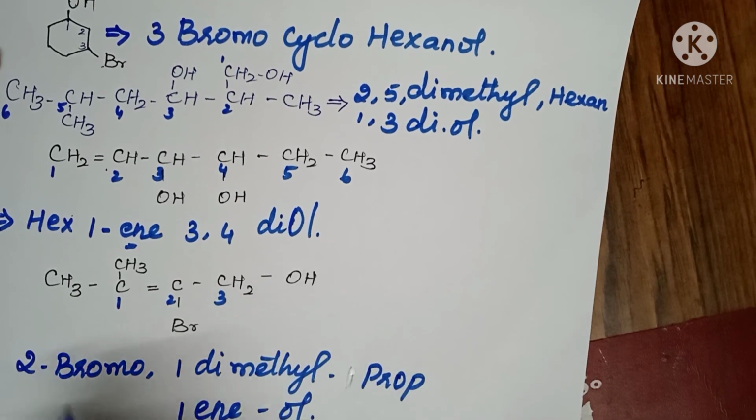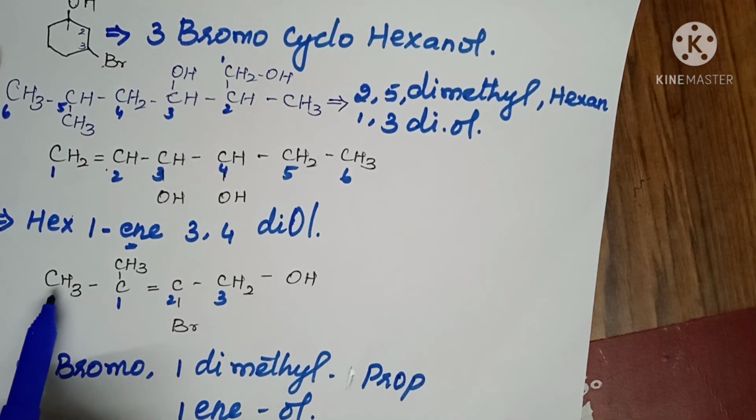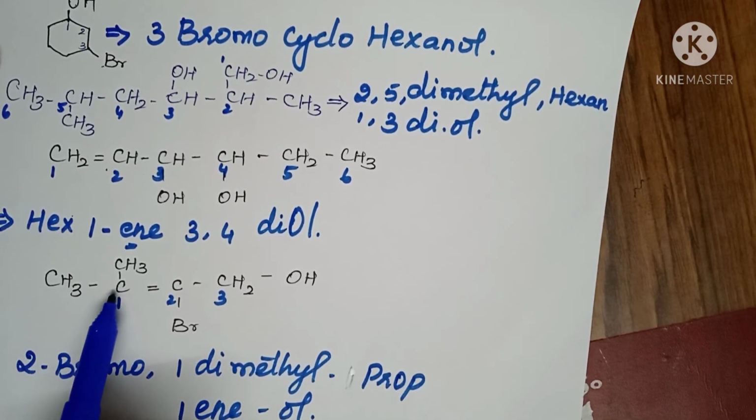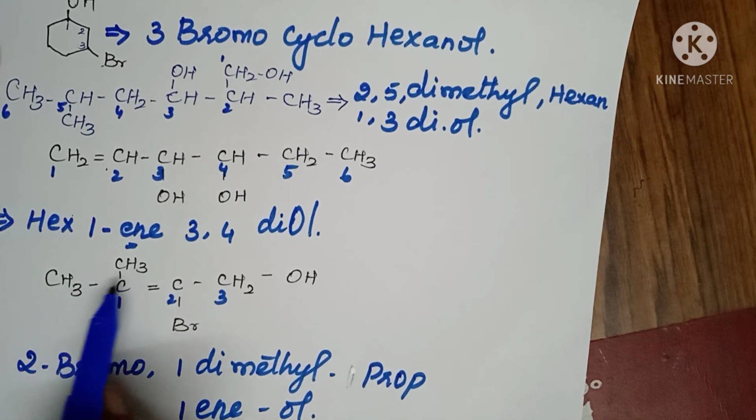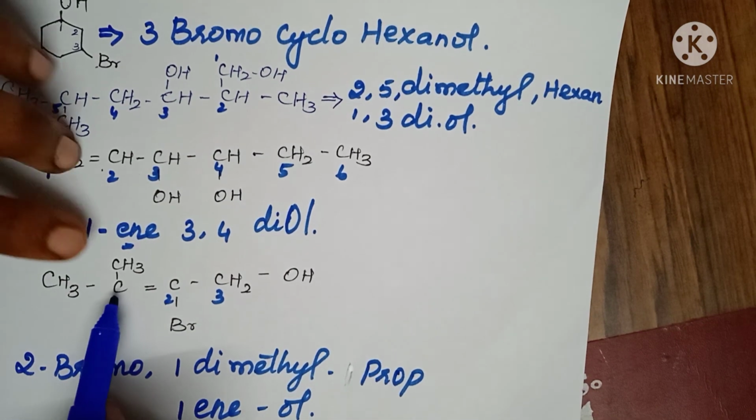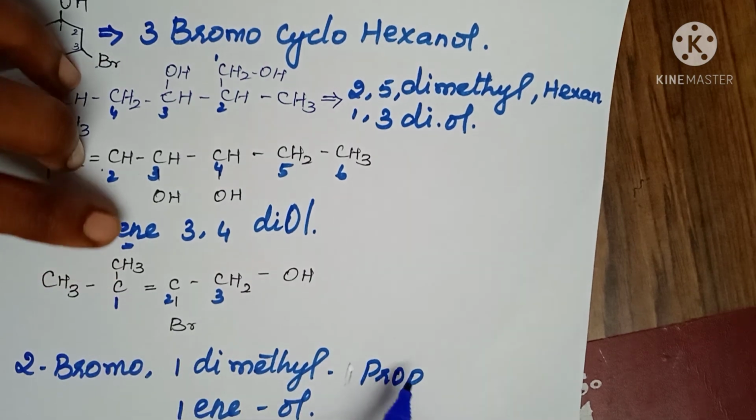See here, I'll give the name for this, CH3, CH3, combined. I have started numbering from here. Here bromo is an electronegative group, so according to alphabetical order you give it first. So 2-bromo, 1,1-dimethyl. How many carbons are there from here? 1, 2, 3, prop.